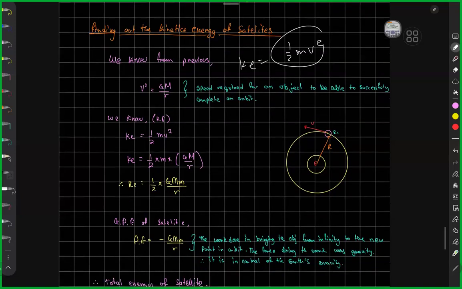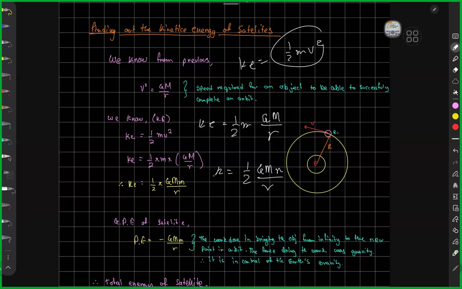Now, how do you find out the kinetic energy? You know the v square value, which is GM by r, of the satellite. And I can say KE is half m v square. And what is v square? GM by r. So the KE, kinetic energy, is what? Half GMm by r. Doesn't that seem so similar?